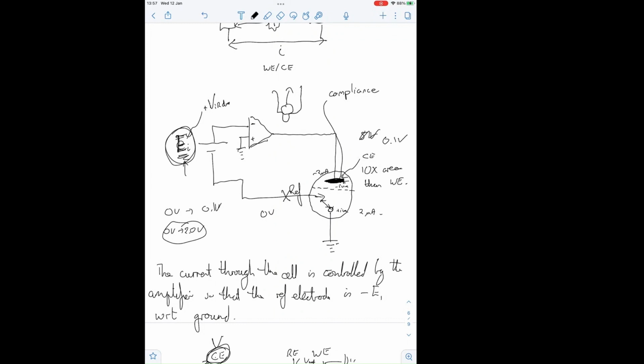Certainly a Solartron 1286 you can float, and I think an EG&G you can float, but it depends on the software. Also, it's worth remembering to ground your Faraday cage to your potentiostat, so that they're all at the same ground. So if you are using a Faraday cage, please ground it.